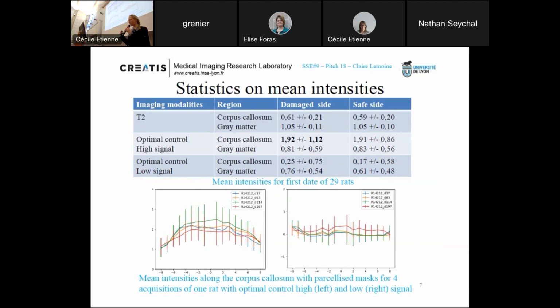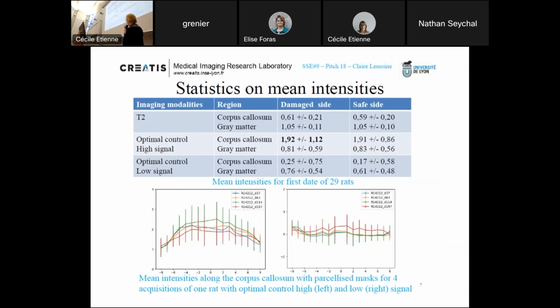And we also observe that optimal control reveals a higher intensity to make differences, and also the fluctuations are very high in the optimal control, which shows that this modality is interesting to make an analysis of the myelin.